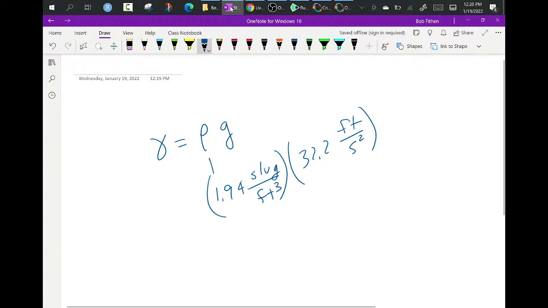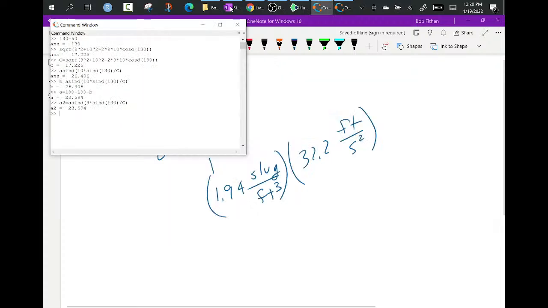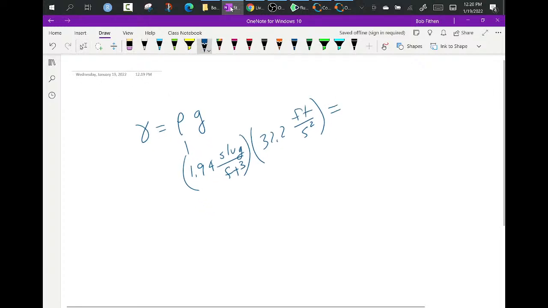If you actually multiply these, let's see if I've got the calculator up somewhere. 1.94 times 32.2 gives 62.4. So if I multiplied that right, I'm sorry, that's the correct value.